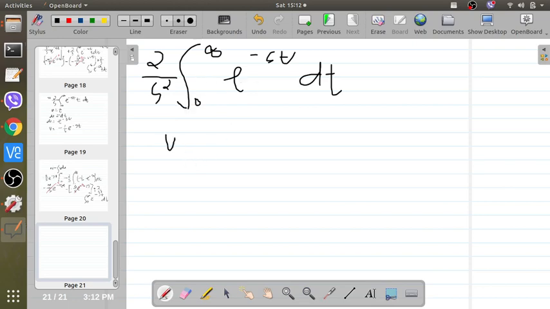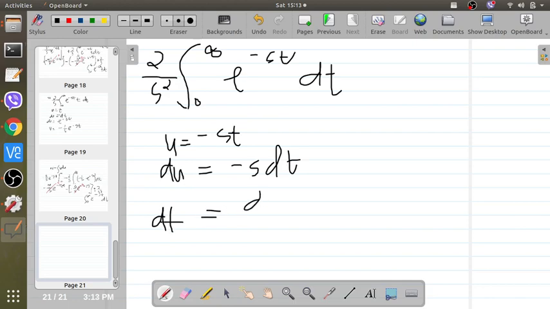Let u equal negative st, then du is the derivative of u in terms of t, which is negative s dt. Then dt is just equal to du over negative s.